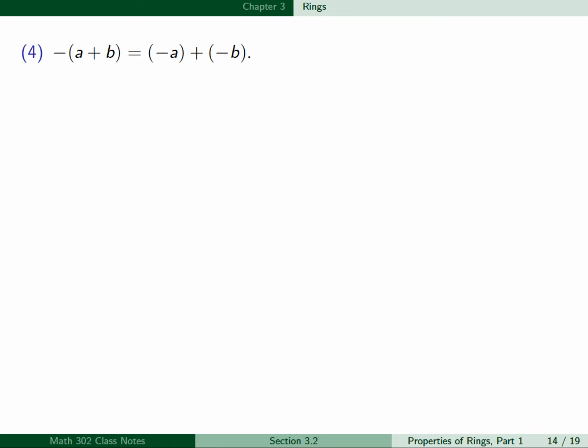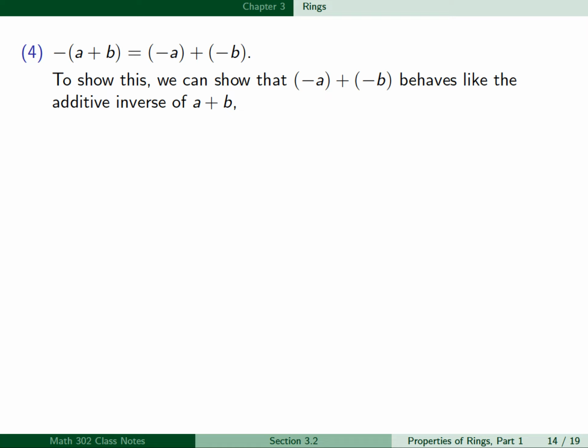Next we have minus the quantity a plus b equals minus a plus minus b. And to show this, we can once again use that idea and show that minus a plus minus b behaves like the additive inverse of a plus b, meaning the quantity a plus b plus the quantity minus a plus minus b equals 0 sub r.